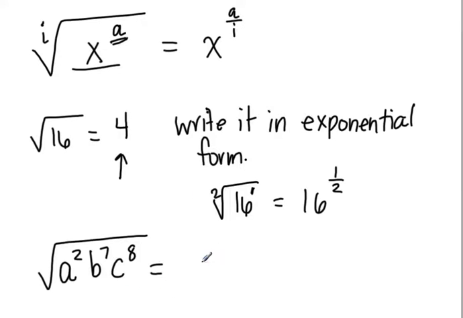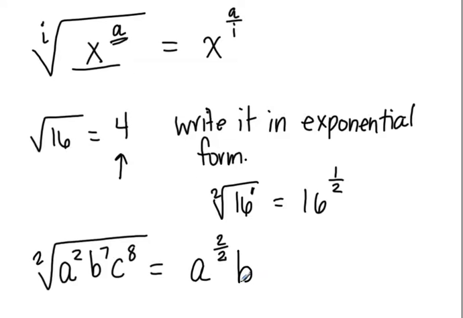Let's do it. A to the what? What's the exponent on A? 2. What's the index number? 2. So it's 2 over 2, which would become 1.